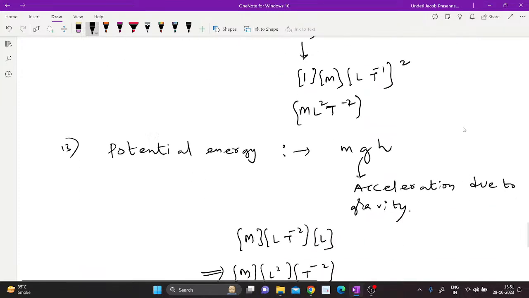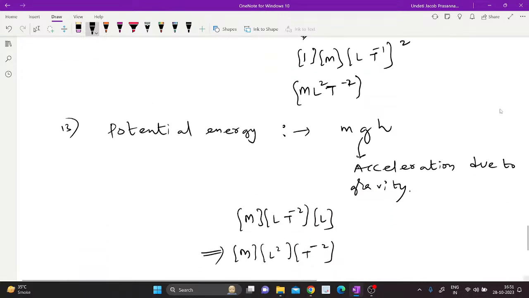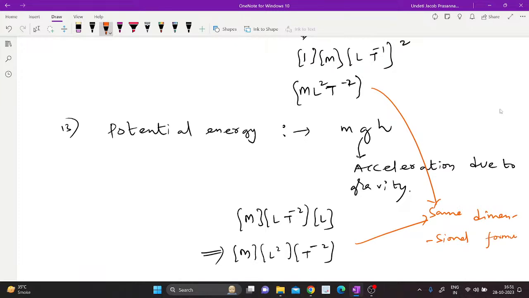Yeah. So you can see that no matter whether it is potential energy or kinetic energy, you have the same units here, and they have the same dimensional formula.